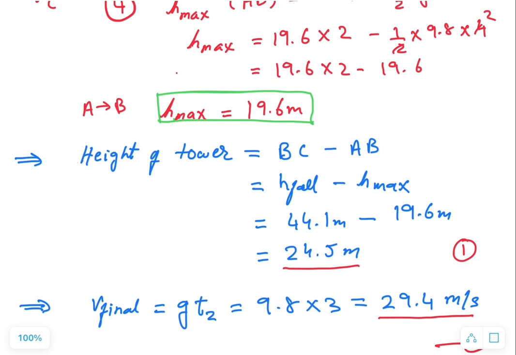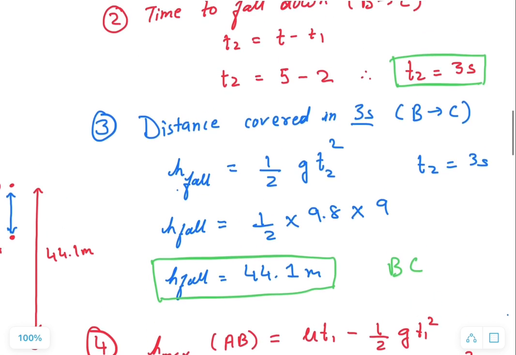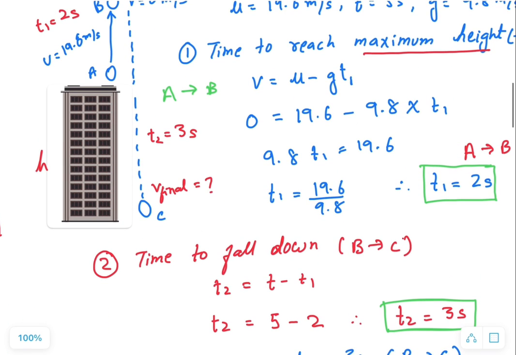Students, you need to remember that whenever the ball is thrown upwards, g is taken as negative, and that's why this equation of motion becomes v equal to u minus gt. When the ball is traveling downwards, we will take g as positive, 9.8 meters per second square.